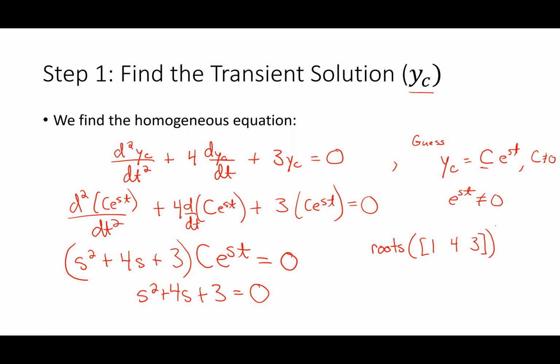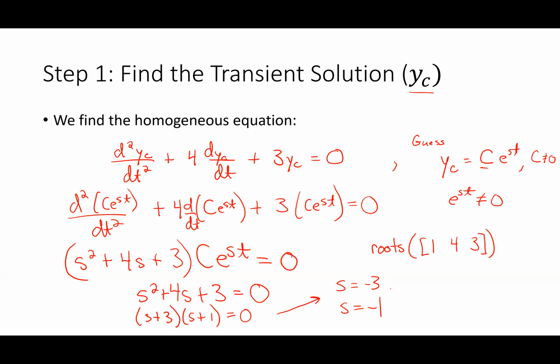This will tell me what they are. But this is a really simple one. I know how to do it from basic algebra in high school: this is s plus 3 times s plus 1. If you FOIL those out, you get s squared plus 4s plus 3. So I have s equal to -3 and s equal to -1.